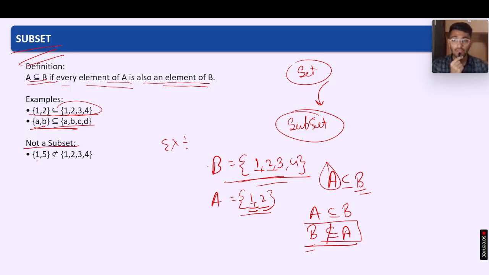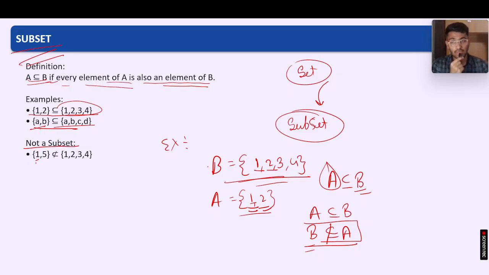Not a subset is also given. Why? 1 comma 5 is not a subset of 1 2 3 4. These are the elements of this set, and we can go step by step.